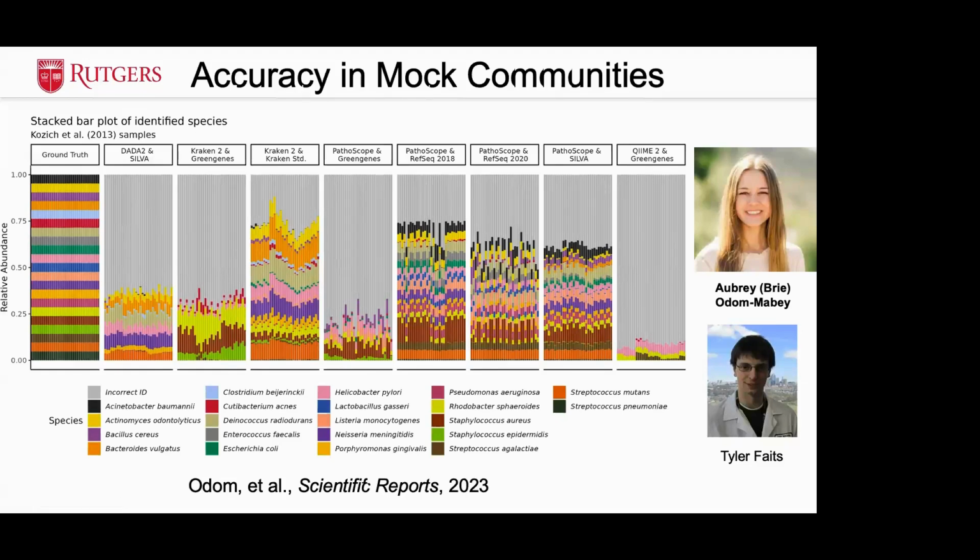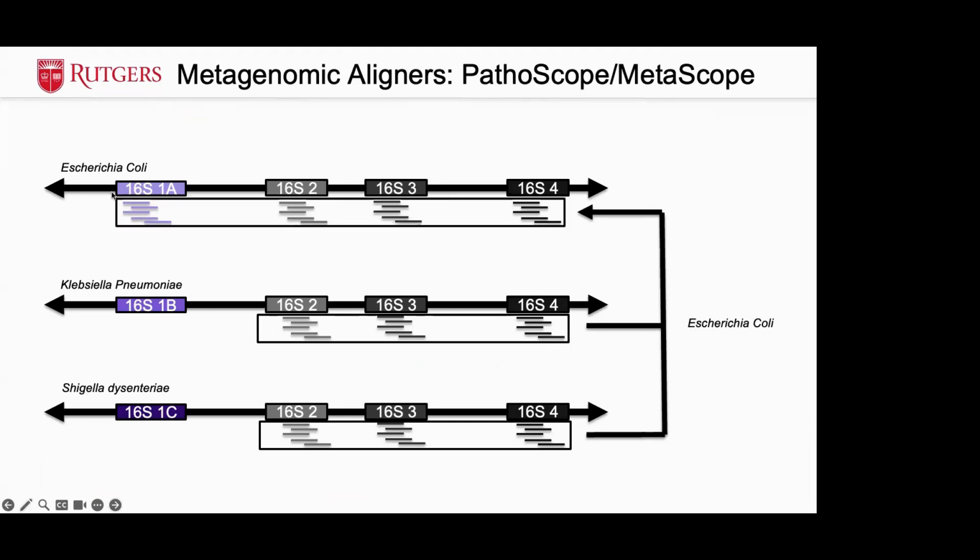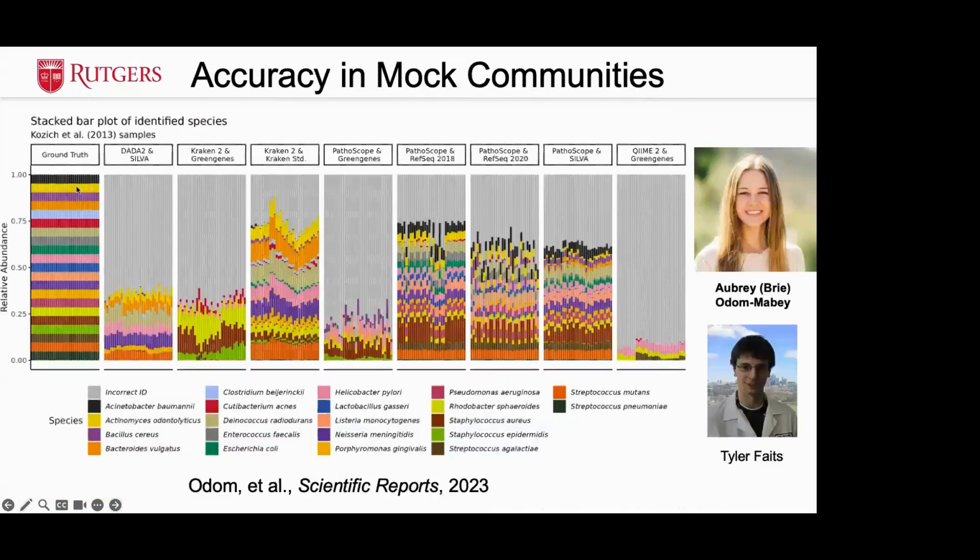And again, the reason why is because they're looking at these 16S genes in isolation. And in this case, if you notice, 75% of my reads aren't going to get assigned to the right genome because they're getting assigned to multiple genomes. I don't know where they're actually from unless I take into account this one unique region. Okay, so that's what's happening here. And that's exactly why these methods are not working very well at the species level.